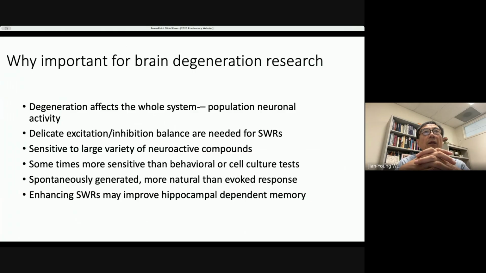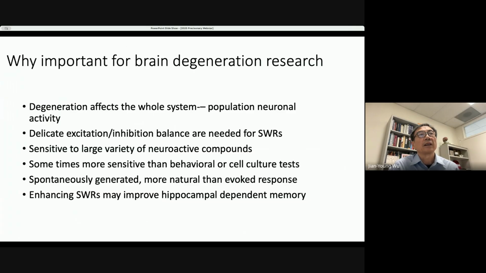So in the brain slice, when we have a sharp wave, those activities are at the population neuronal level, right? So it's like a system. Many drugs will affect it, so those population neuronal activities are more sensitive to drug effects and maybe more sensitive to degenerative effects, like loss of neurons, loss of dendrites, loss of synapses, modification of synapses.